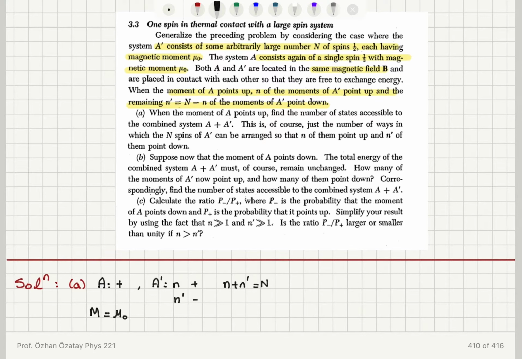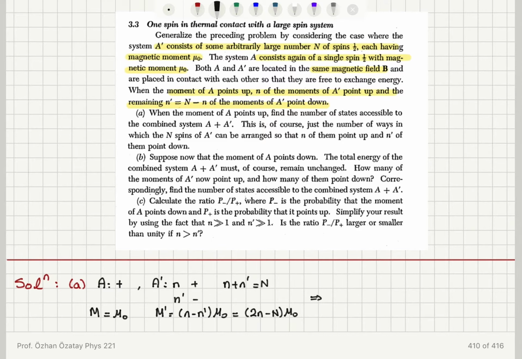The corresponding total magnetic moment for system A' will be (n minus n') μ0, which can also be written as, since n' is capital N minus n, (2n minus capital N) μ0.